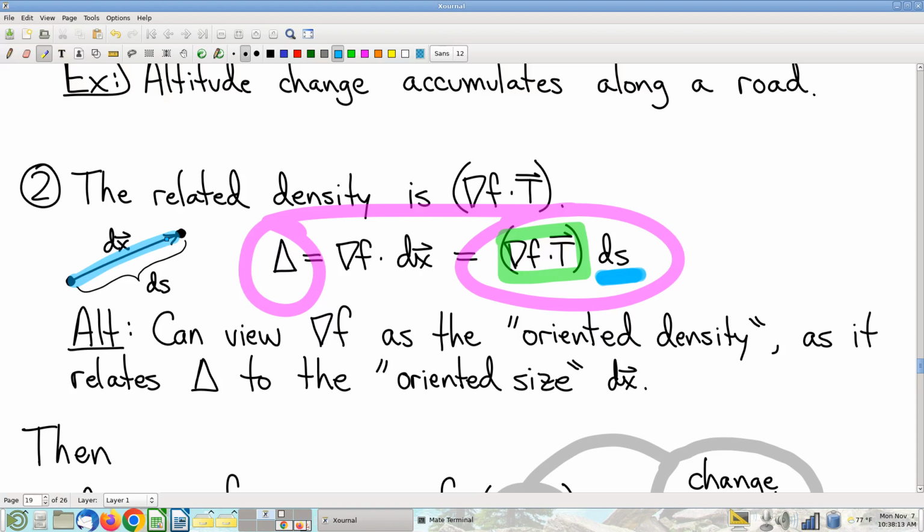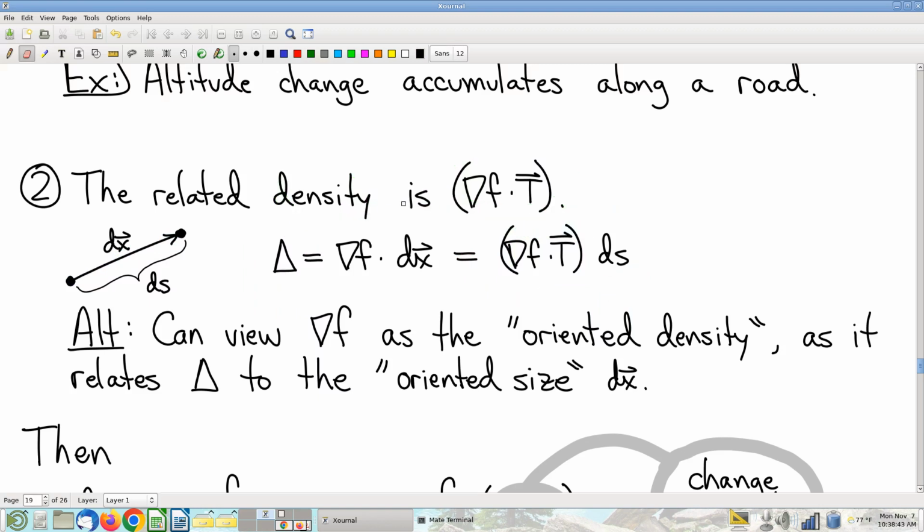Now that doesn't account for any orientation, but that's just the length of that little piece of curve, and it tells you how much change there is for that piece of size. And of course, what is a density? Density is change per unit size. So the density is that, gradient dot T. Everybody all right?